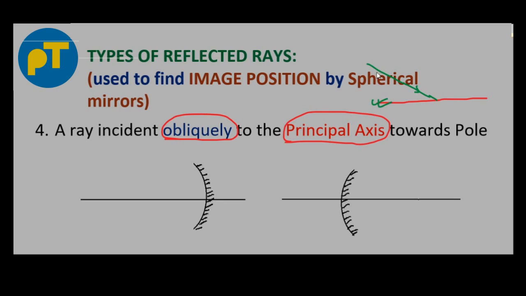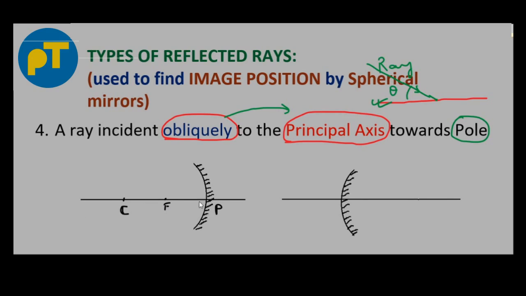This is the principal axis, this is the ray, right? A certain angle. And this is what we know as obliquely to the principal axis, and the incident point is at the pole. Alright, so here we have the pole. Let's take this example with the concave mirror. We have a pole here, then we have the principal focus, and the center of curvature.